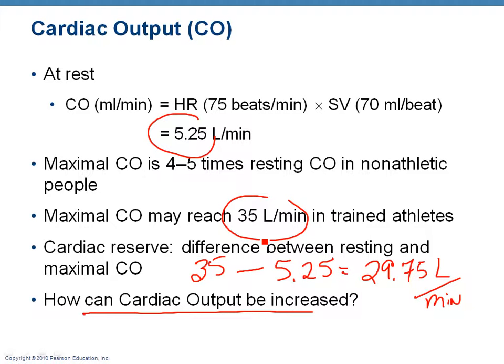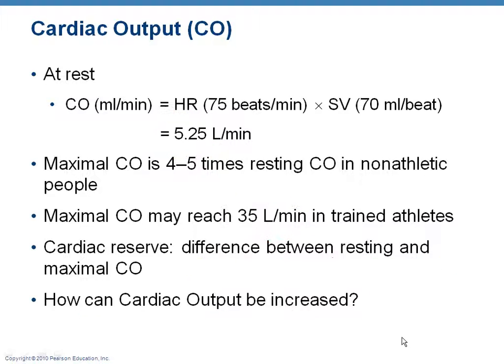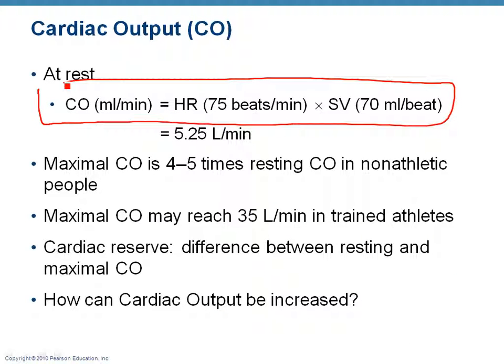Let's look back over here at our calculation. So here's our math. Cardiac output is heart rate times stroke volume. Obviously, if you increase your heart rate, if that number gets bigger, this number is going to get bigger. That's going to increase your cardiac output.